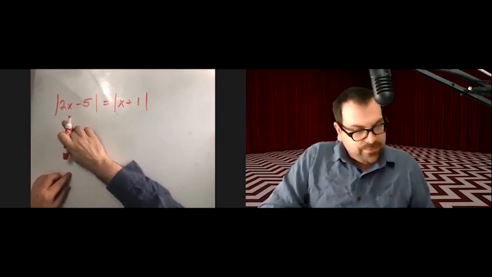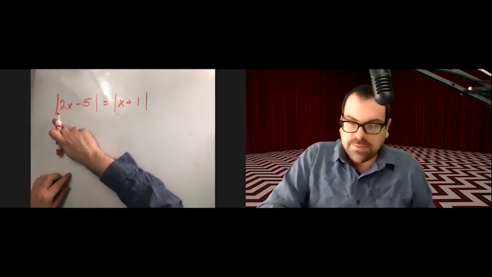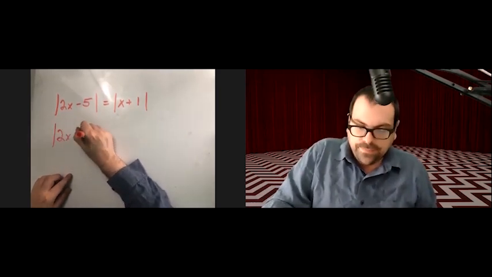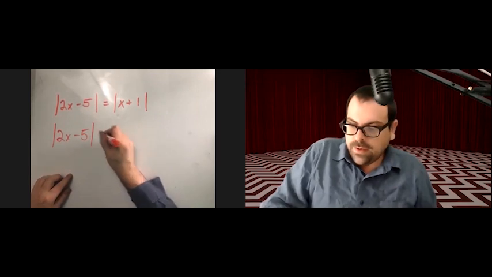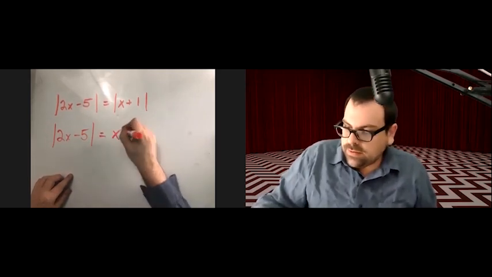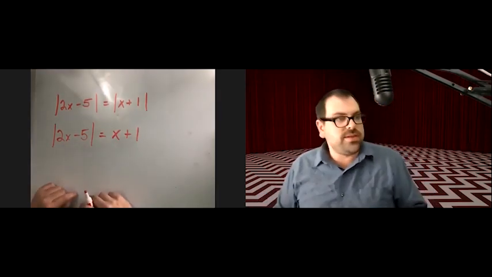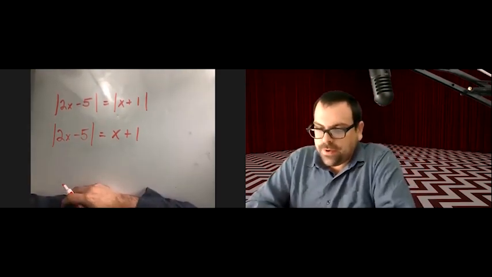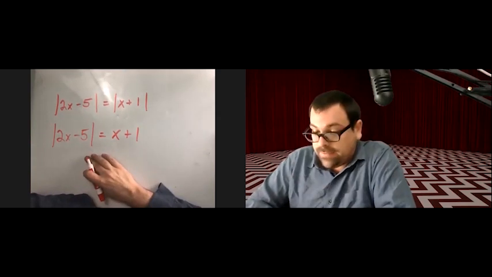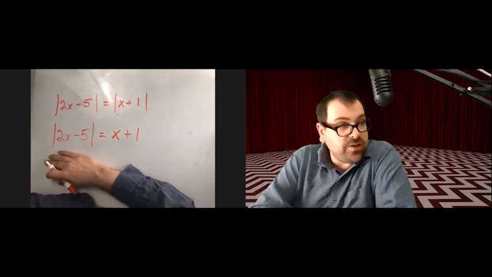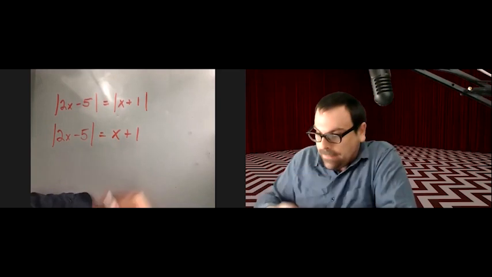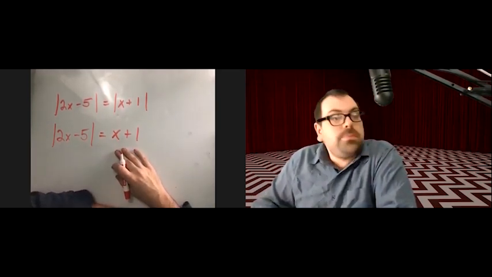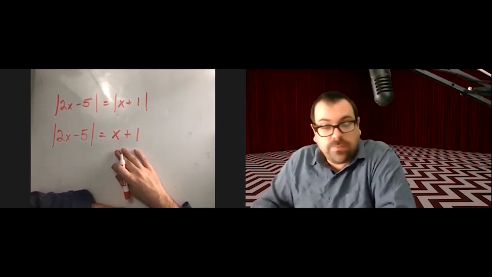If we have the absolute value on this one, we don't need the absolute value on this one. Now, we haven't had this yet. We haven't had the absolute value on one side and the other side have a variable in it. But it's not going to change what we do.